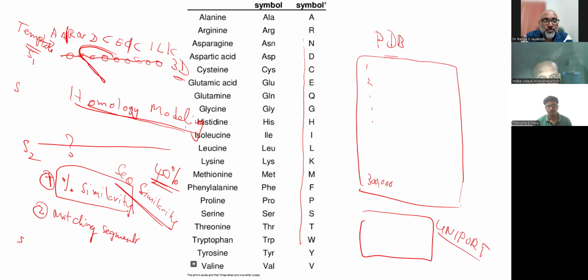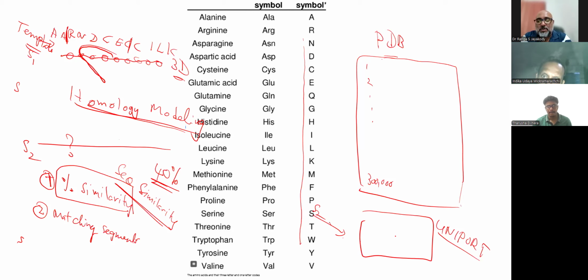So you can use UniProt to first identify the proteins, right? The sequences. Now what you need to do? You need to give your sequence to UniProt or to the Protein Data Bank, and then first identify the template. So if you want to use UniProt, then it's a two-step process.